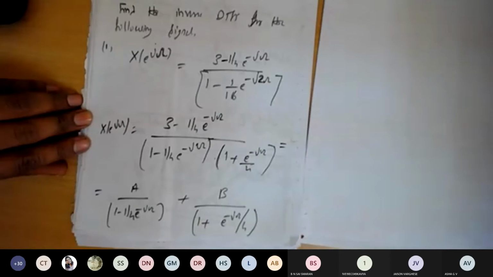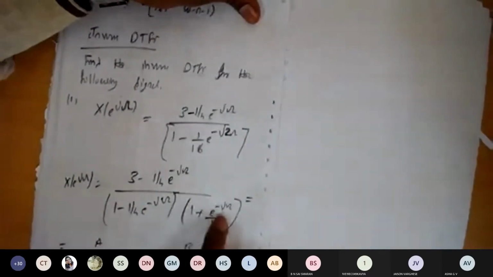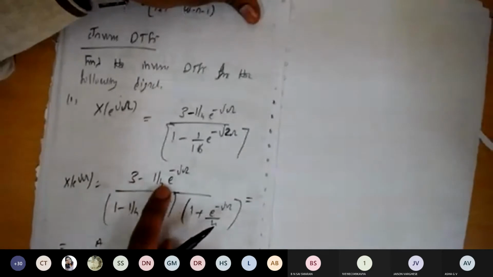So here, in order to find the values of a and b, we are going to cross multiply. We are going to take the LCM and cancel the denominator terms, so we are left with the numerator terms only.